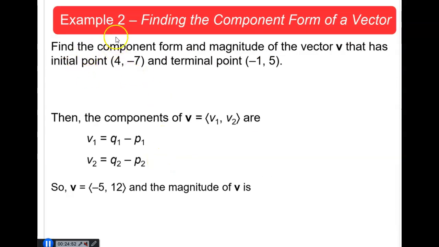So now for example 2, we're going to find the component form and magnitude of vector v that has initial point (4, -7) and terminal point at (-1, 5). So from here, we could say that this will represent P1 and P2. And then here, this will be representing Q1 and Q2.